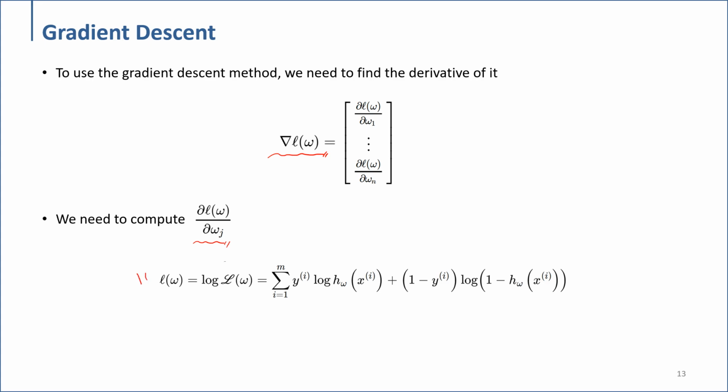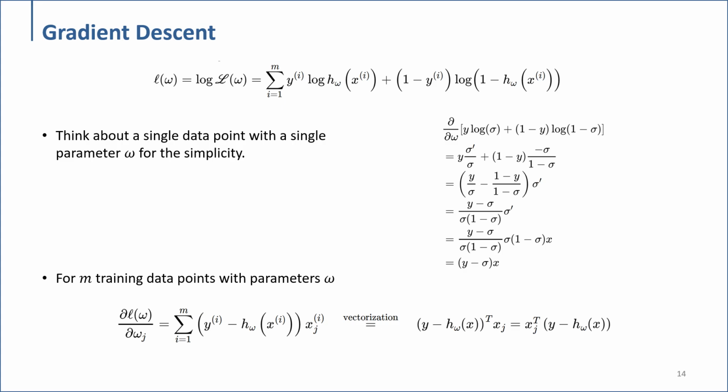And if we go back to the definition of the loss function, we may calculate the partial derivative with respect to each omega value. Maybe we may calculate for each single data point with a single parameter omega for simplicity. And this is nothing but the process of calculating the partial derivative.